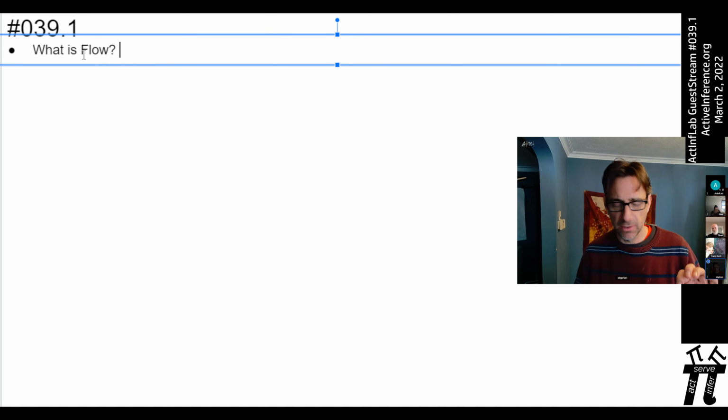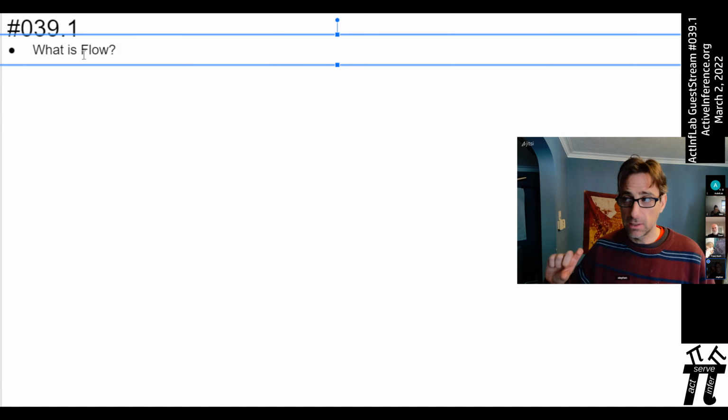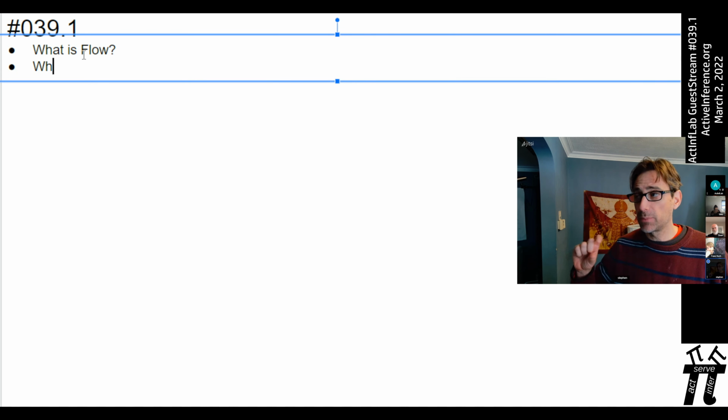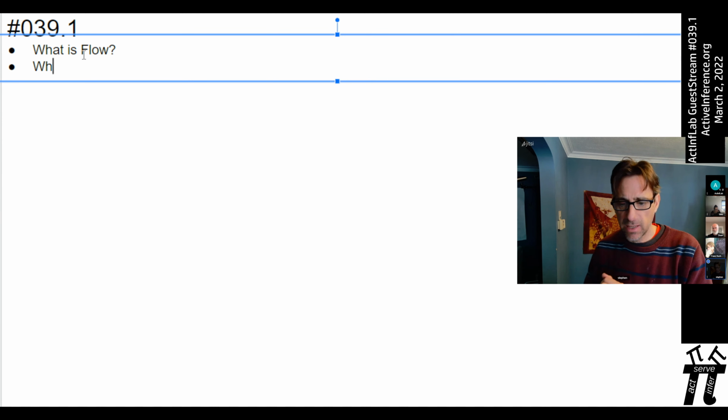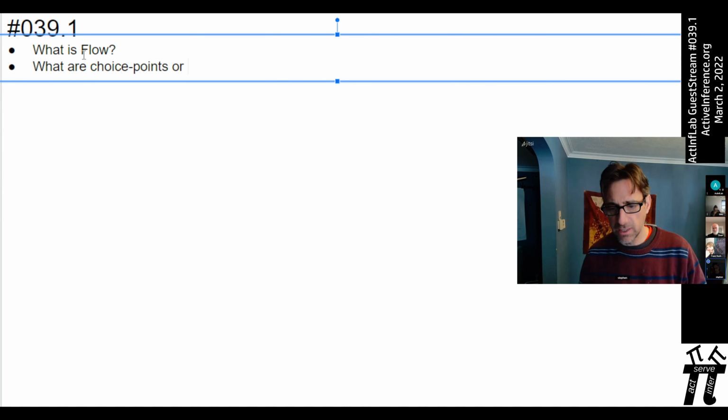So that's the first part. And the second part is, are you saying that with this flow, it's about finding where the choice point is, or where the threshold is to say, okay, that's now going to decide that it's going to create a morphological target, as opposed to it just being a gradual gradient descent on energy?